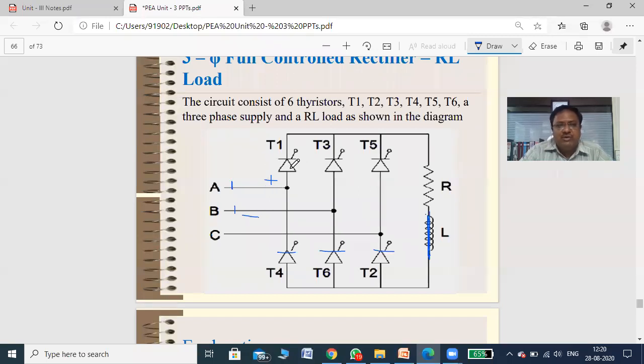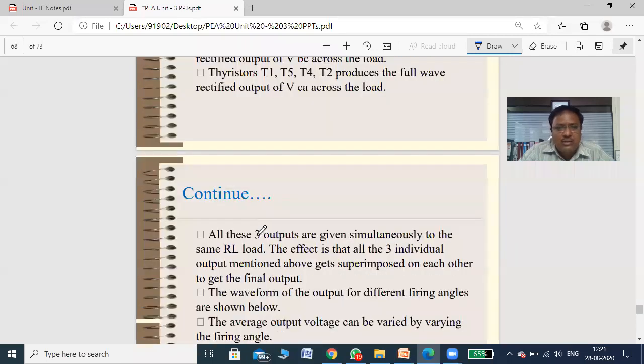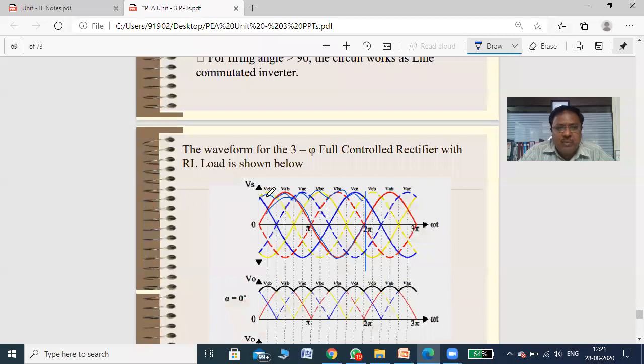I am clicking on the forward biased devices T1 and T6. Both are in forward bias condition. So current starts to flow from A through T1, then R, maybe L or only R, then T6 and back to B. At that time you will get a pulse called VAB.